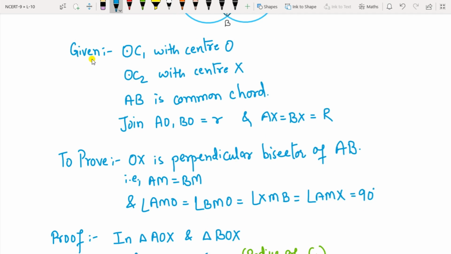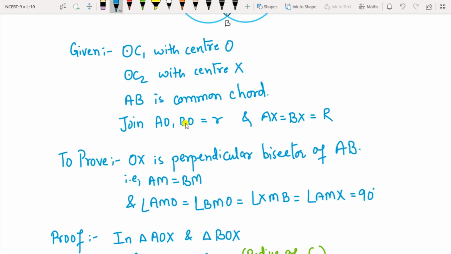So let us write the given. Now this is the symbolic representation of a circle. You make a circle and a dot, so it is read as circle here. Circle C1 with center O and circle C2 with center X. AB is a common chord for both the circles.